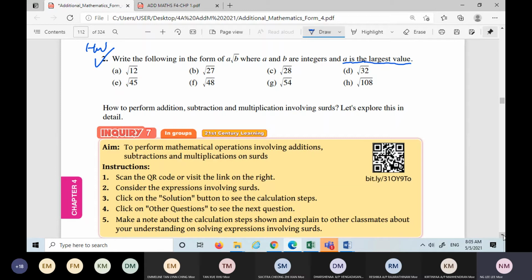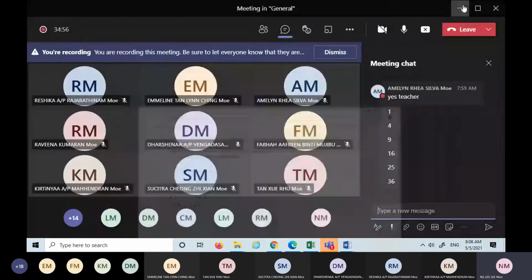Let me see. 108. Is it 108? Let me see, 108 divided by 4 is 27. Example, this 108. Let's say 4 is the factor. Let me use my calculator for a while.